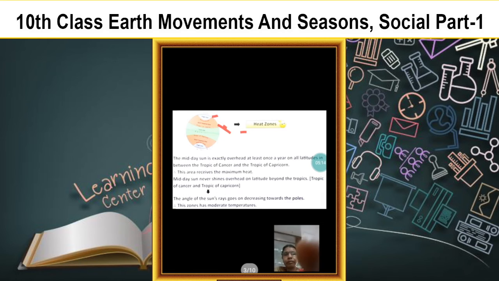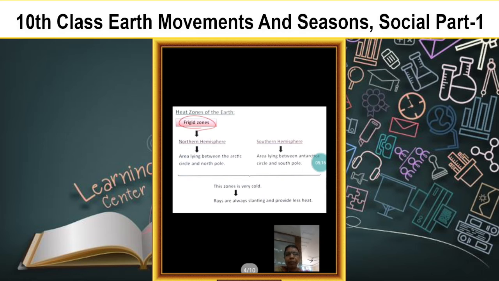Coming to the frigid zone. Frigid zones are the areas lying between the Arctic Circle and North Pole and Antarctic Circle and South Pole. These are very cold because sun's rays always fall slanting and provide less heat.